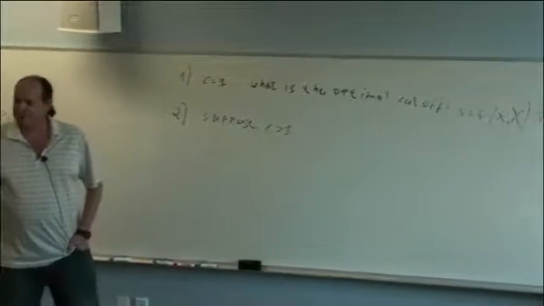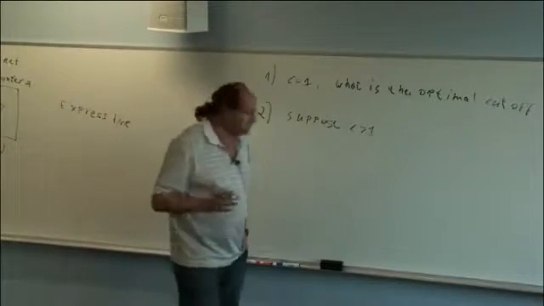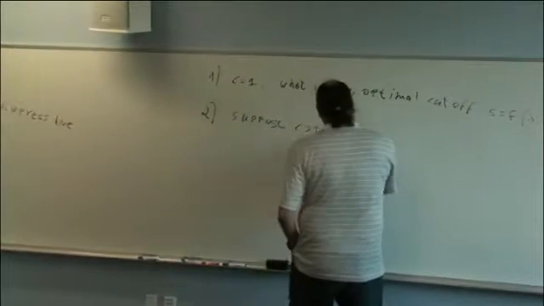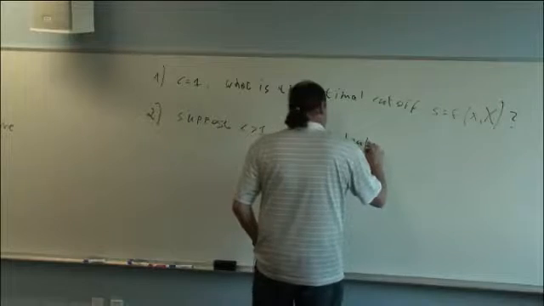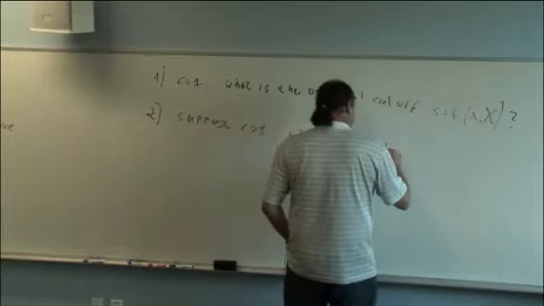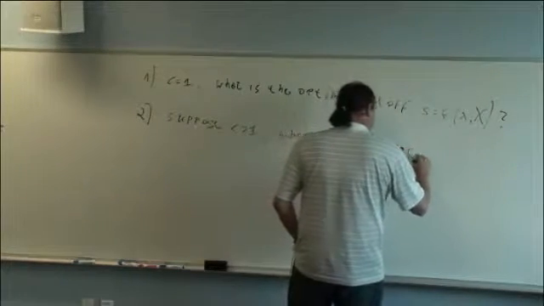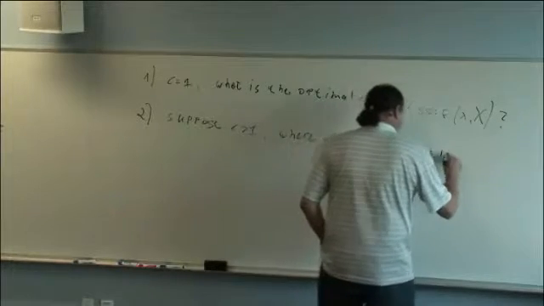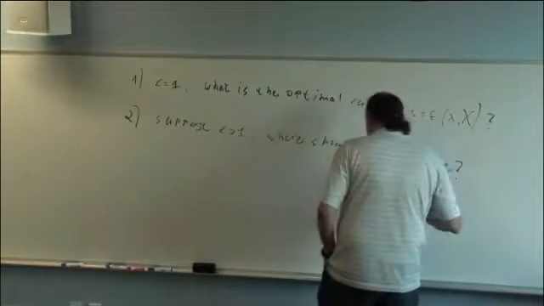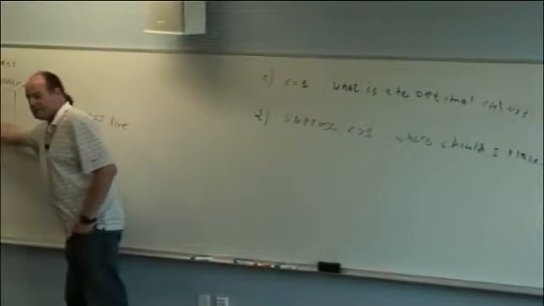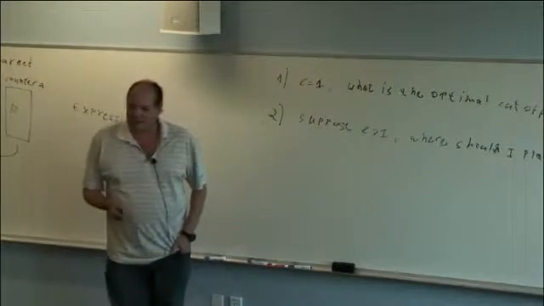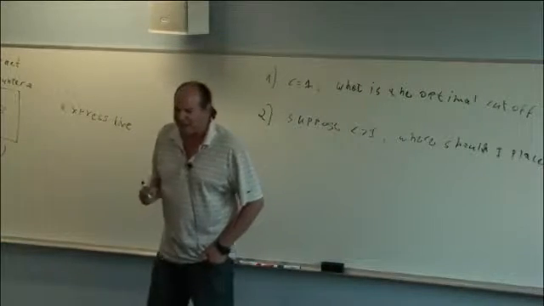Alice is faster than Bob. Where should I place Alice? Should Alice be working the express line, or should she be working the slow job line?